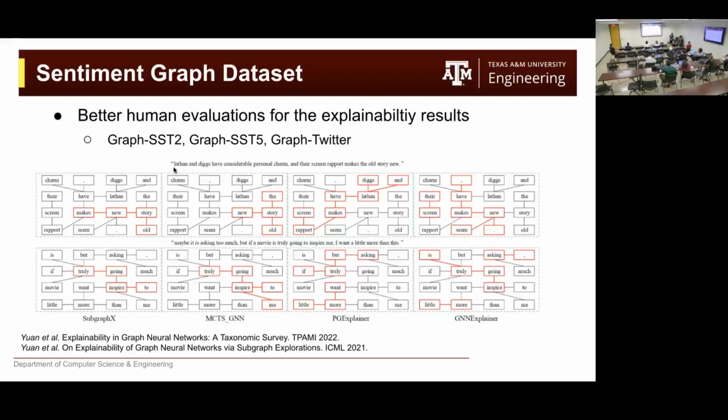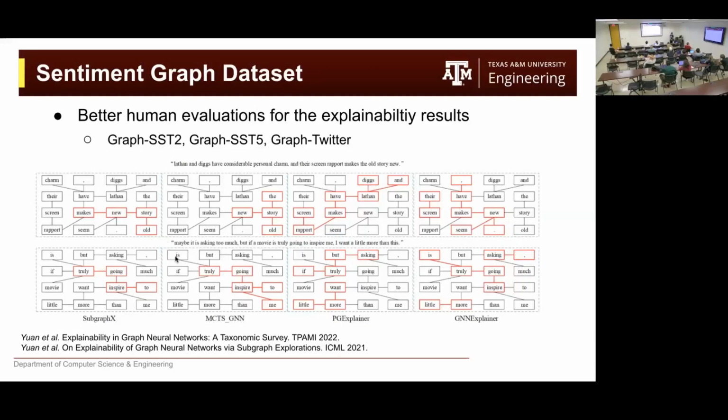And you will find in the first example, this movie review is a positive review, and the model predicts the review is positive. The subgraph X gives the explanation result, which is a positive phrase.